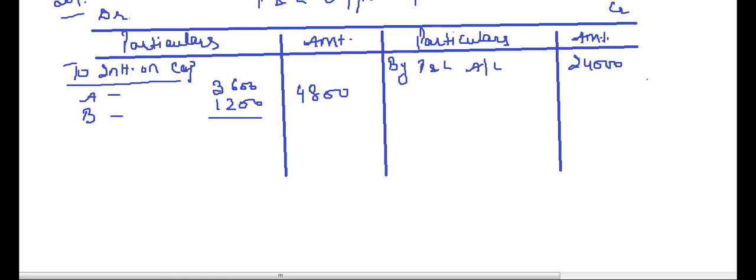Third, we have drawings. In the P&L appropriation, we will charge interest on drawings. Interest on drawings is given by interest on drawings. For A it is 200 and for B it is 100.